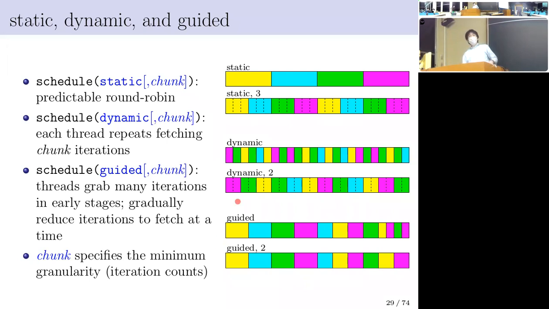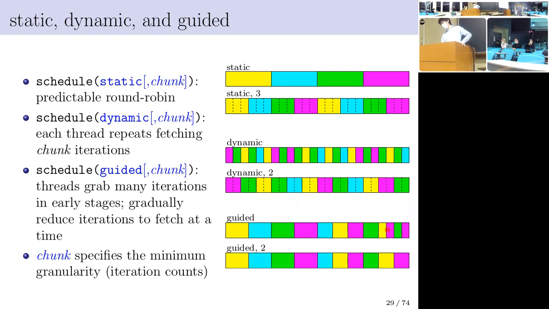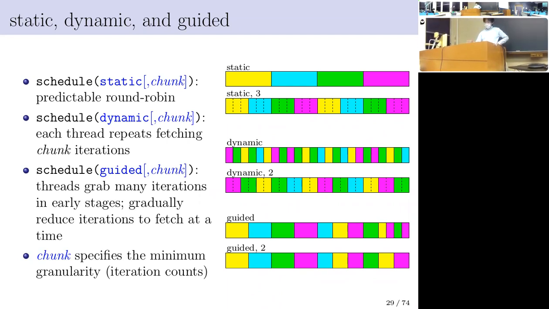You don't want to do that too frequently. So in guided scheduling, in the beginning, whenever it checks this counter, it tries to get a large amount of work. But in the end, it tries to balance the work among all threads as much as possible. This is the basic idea.